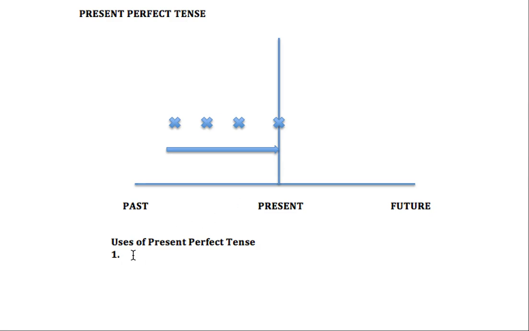So the first use is to describe a situation that started in the past and continues to happen to the present.